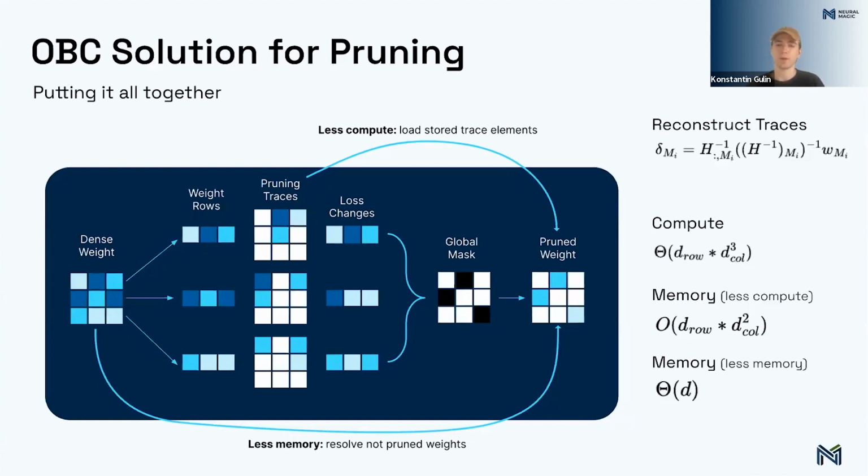And then we have to do it for every element in the matrix, so we get d row times d column to the third, which is much better than the original O of d to the fourth, where d was every element, so it's d row times d column. So significant reduction there. And then you can see the difference in memory between going with the less compute route or the less memory route. So again, a trade-off you can make there.